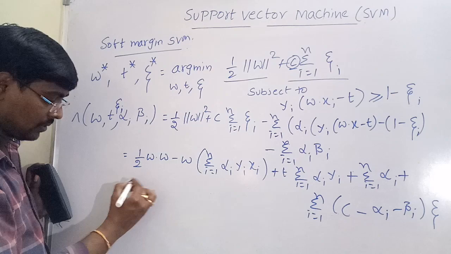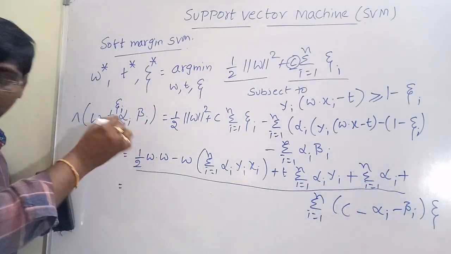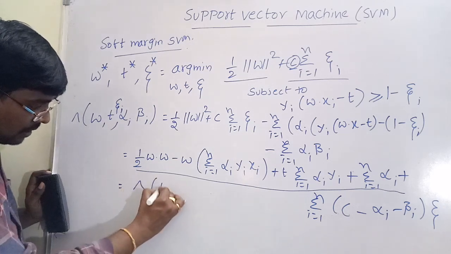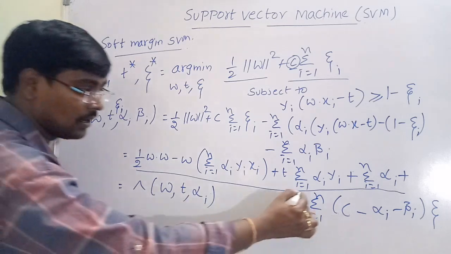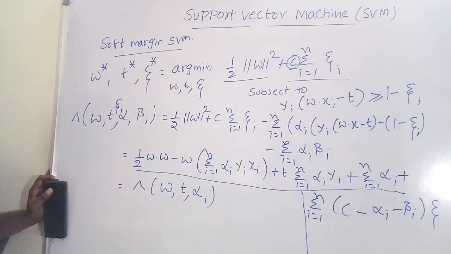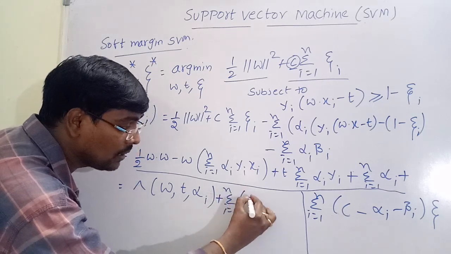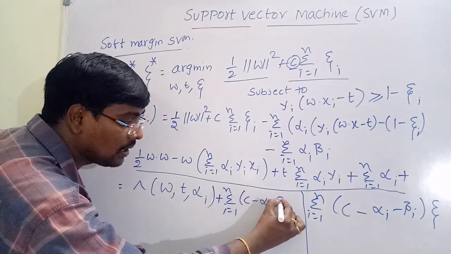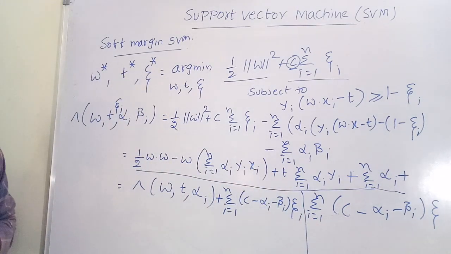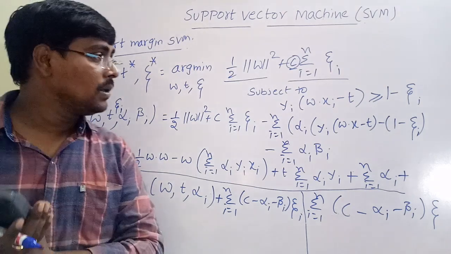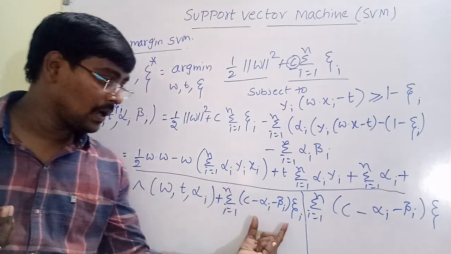Observing this one, this is the previous equation, the previous formula of w comma t comma alpha i, plus sigma i equals 1 to n c minus alpha i minus beta i into phi. This is the slack variable. For that previous one, I am adding this one.